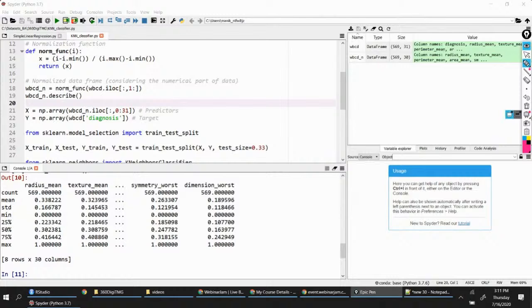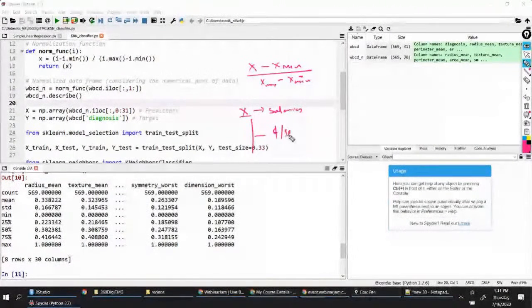And remember, normalization function is making the data unitless. It's making the data unitless. X minus X minimum, right? By X max minus X min. So assume you have a data which is basically talking about salaries or any other data. So if I have to talk about this data, the units either would be dollars or INR. Let's assume dollars.